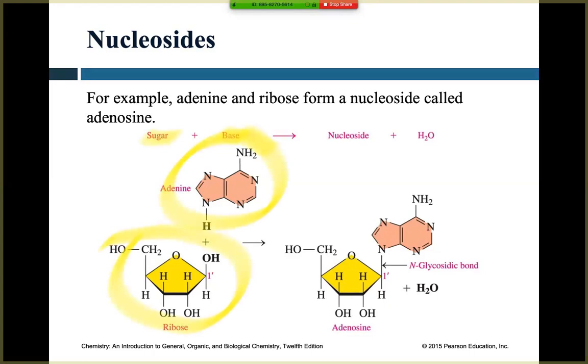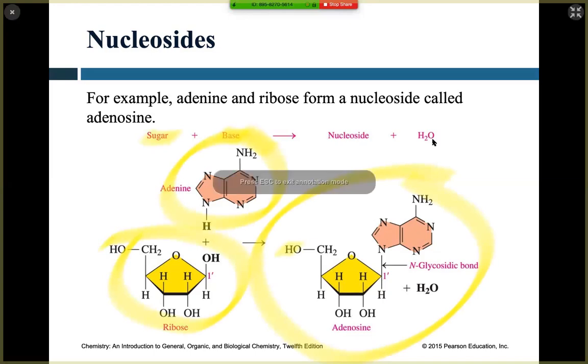Separate, we have adenine and ribose, and together, the whole complex is called adenosine. Then we go one step more, where we attach a phosphate to this hydroxyl group, and we'll see the difference between a nucleoside and a nucleotide.